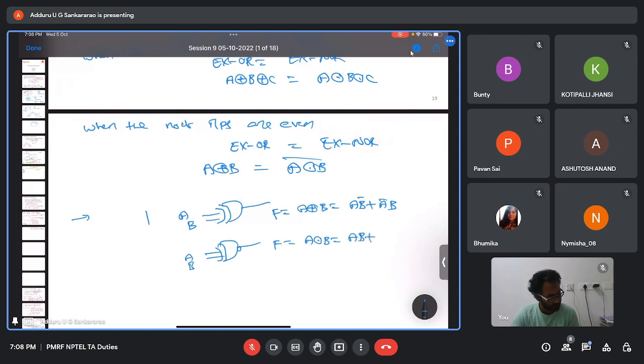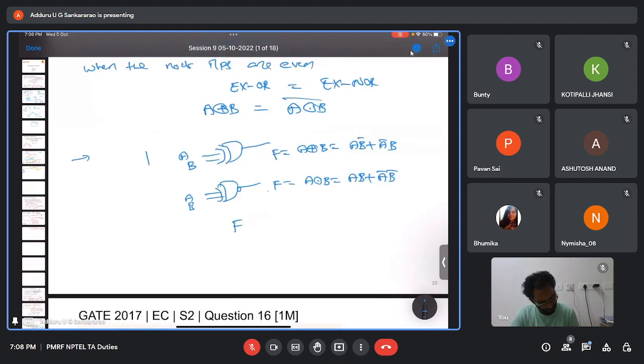AB plus A bar B bar. Okay. Now you take the complement of this one. A XNOR B complement you take, that is nothing but (AB plus A bar B bar) complement.